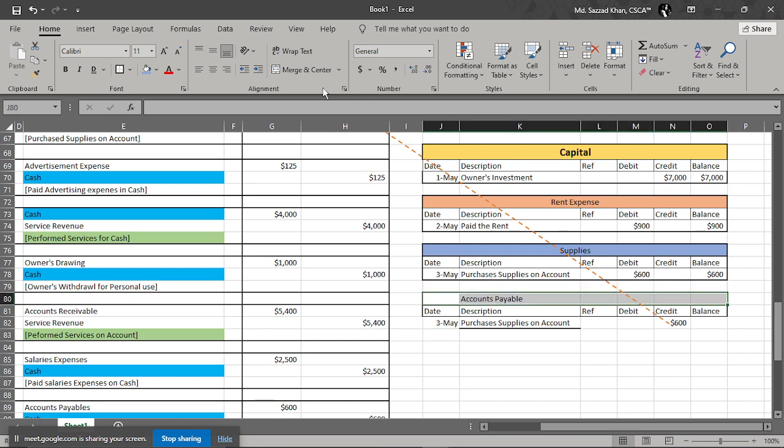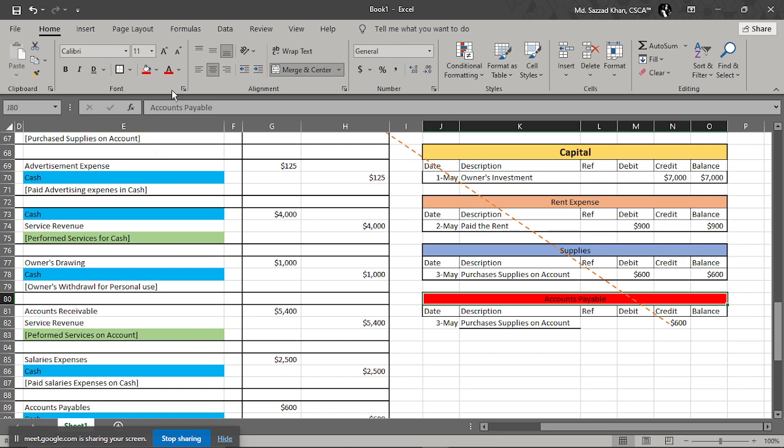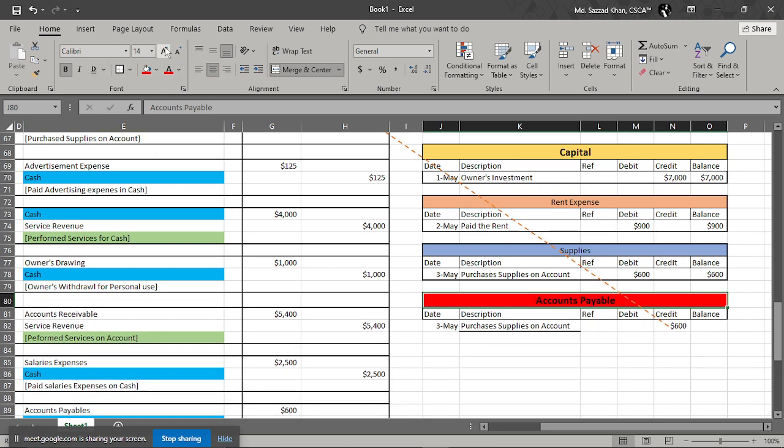So we have to consider the others too in the same account. Right? Color two. Okay, red. Because accounts payable is a liability. That is why we color it red.